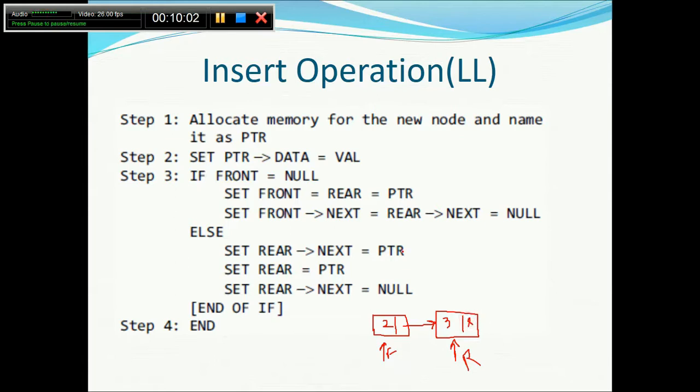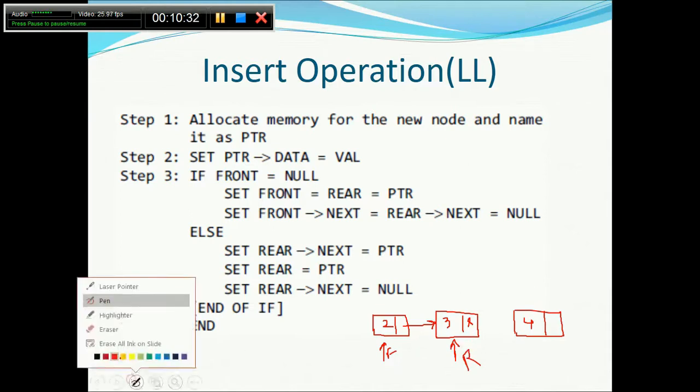So simple steps are there basically. I will try it one more time. It says allocate a memory, so I will allocate a memory. In the previous instance we first marked it as null and then updated the values. Now here you just insert the value, like 4 I inserted, and obviously the front is not null here, it is pointing to this node. This means I will jump to the else part. Else part says whatever the PTR, copy it to the rear next.